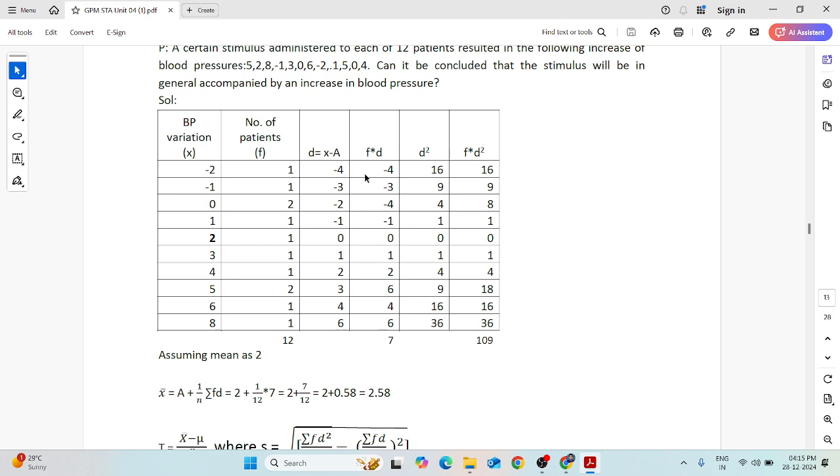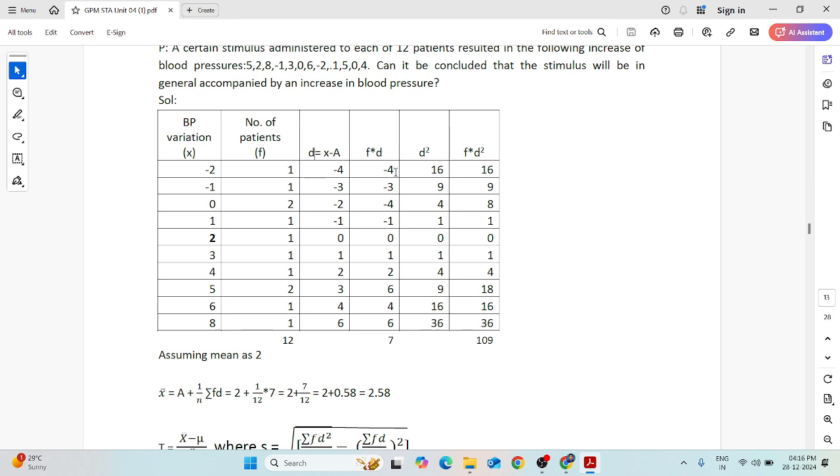Now multiplying the deviations with the number of patients. This is the frequency, how many members are there. So f into d: minus 4 into 1 is minus 4. 1 into minus 3, minus 3. 2 into minus 2, we have minus 4. Squaring the d values, these values have to be squared.